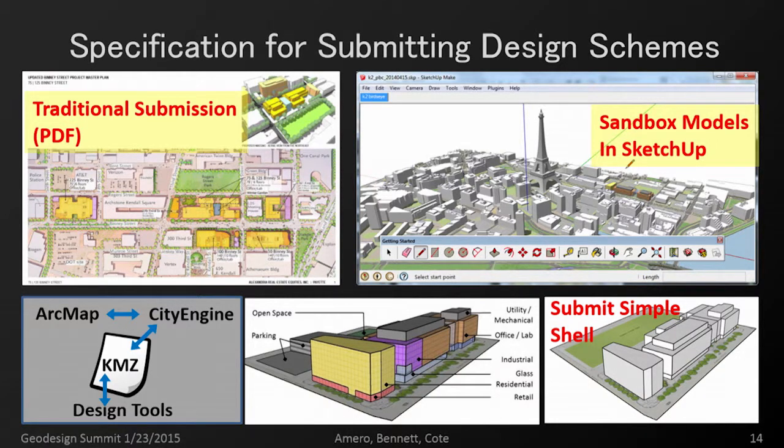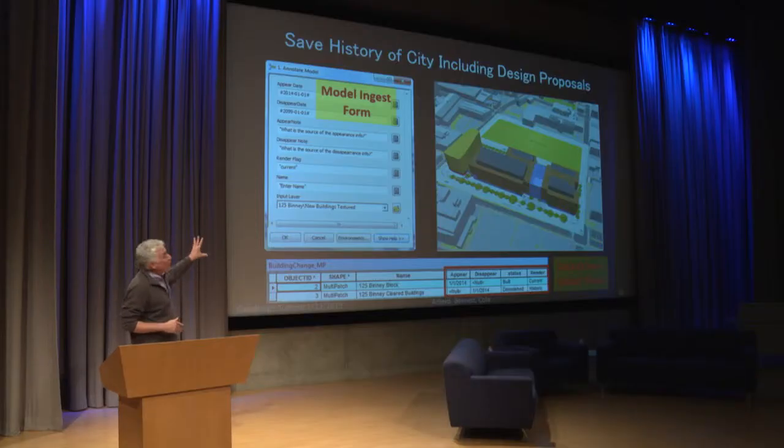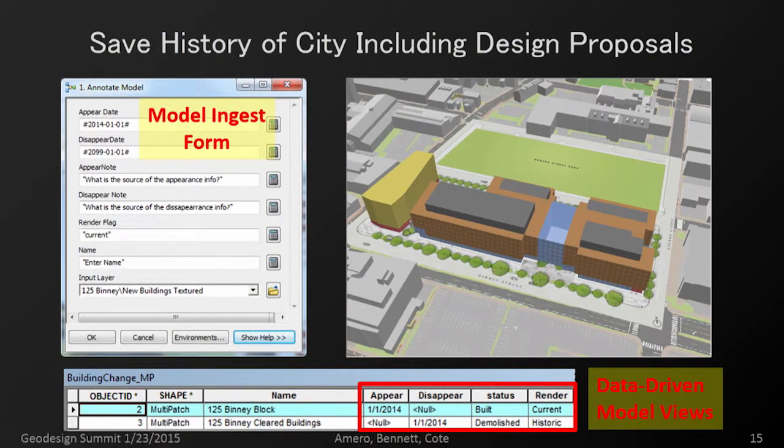Now, I know that KMZ is a really nice format when everything needs to be very simple. So I'm hoping that KMZ imports will be integrated into ArcGIS Pro. When those models come in, the GIS folks have a form they can fill out that specifies what date this proposal is supposed to come online, and they can input that into another feature class that specifies what its status is, when it's supposed to appear, and when it might disappear.